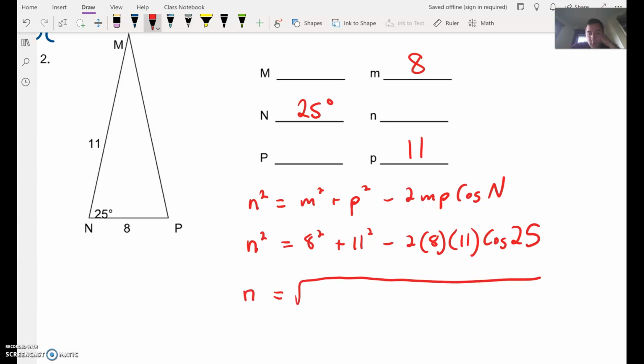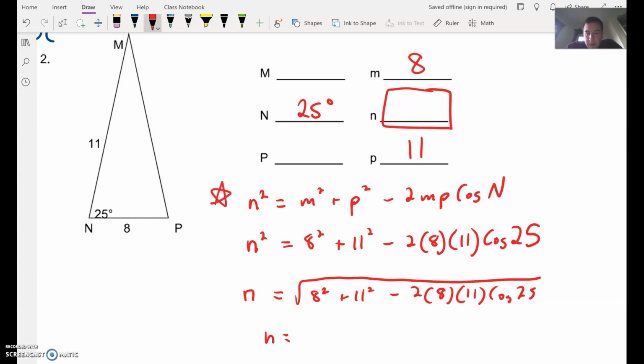If we just want to type one thing on our calculator and not break it into a bunch of steps and worry about the right parentheses, that's what we're going to type in. Pause the video and go back and watch what I did. I knew what was given to me was angle N, and I was looking for side N, so that's why I used this formula where N was on the outside. Let's punch this in.